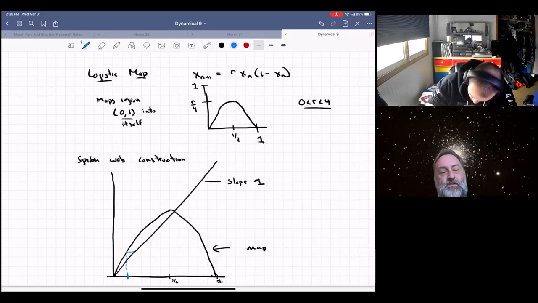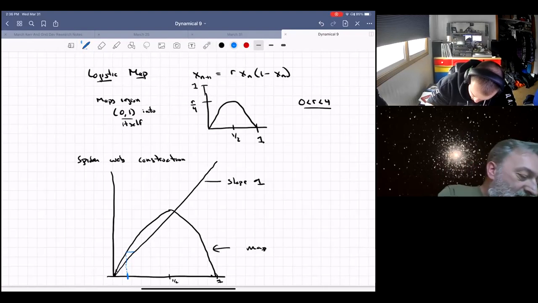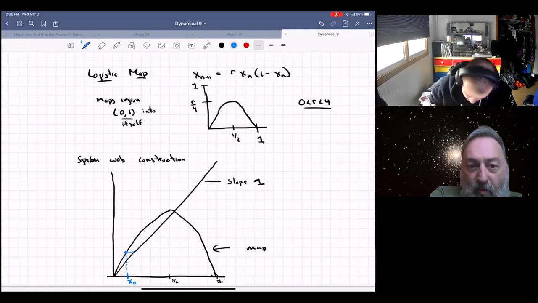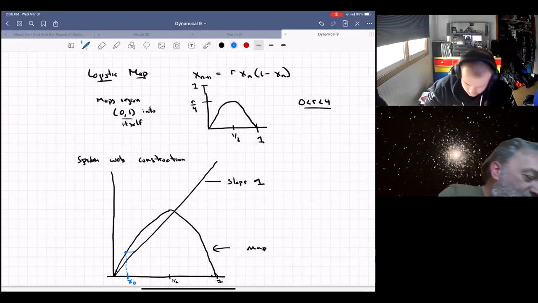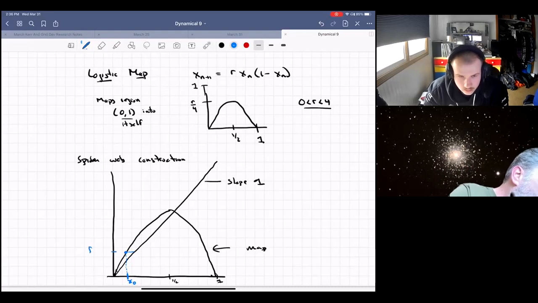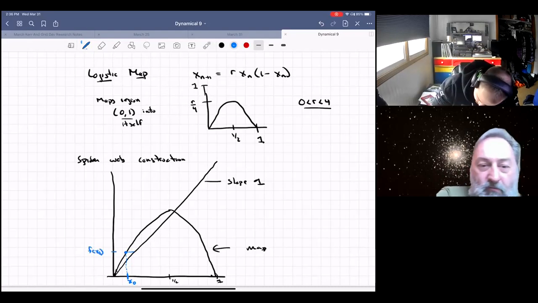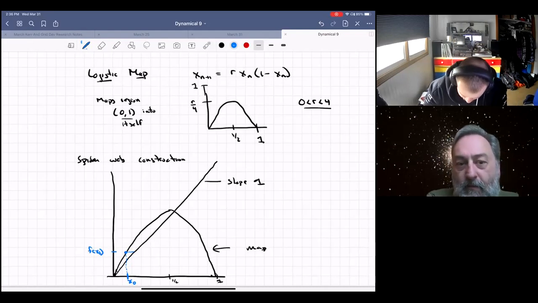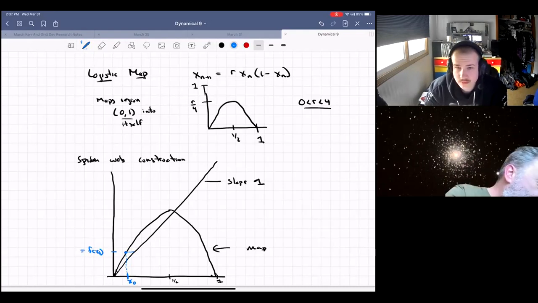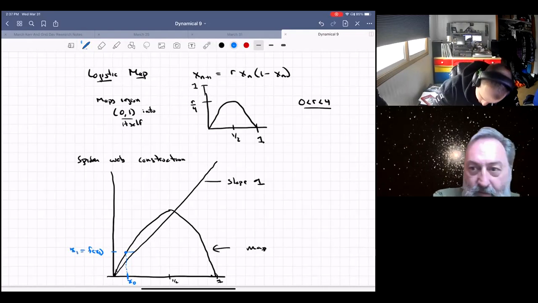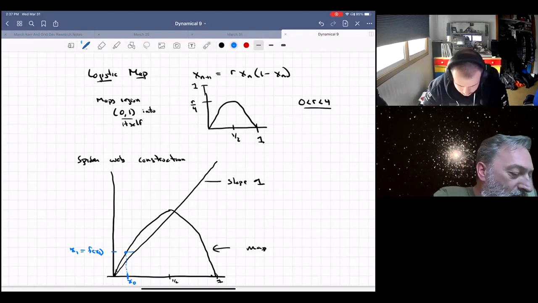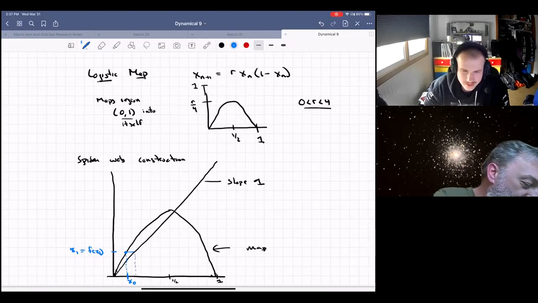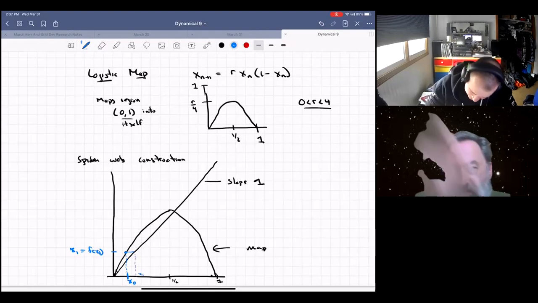The reason this works is that this is my x0, the point down here. f of x0 is this height. I've drawn the function, so the height is f of x0, and that is my point x1. By going over to the line, the point directly below is x1, because that line has a slope of 1.